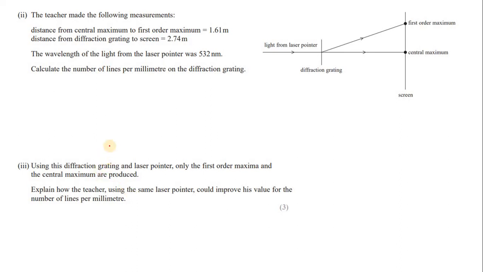The idea is we need to find d, and we know that d sine theta is equal to n lambda. So we need lambda, which is given, n is 1 for first order, and sine theta. So we need theta here, and this theta is this.